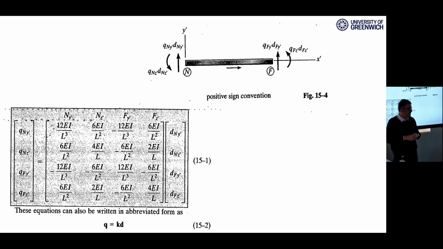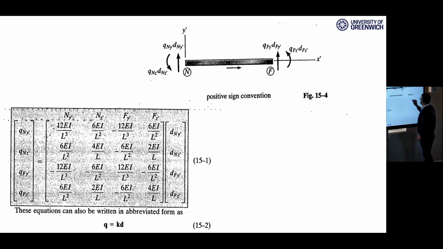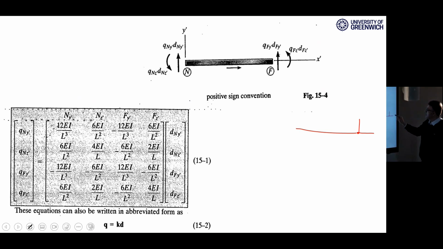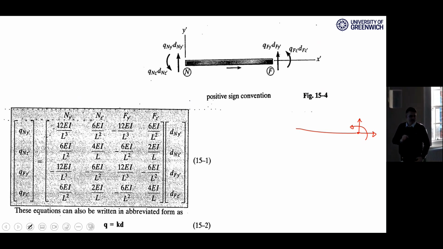When we have a shear force and a bending moment, it means that every end can go up or can have these deformations, right? Basically, in the plane, every point can have 3 deformations: x, y, and rotation.